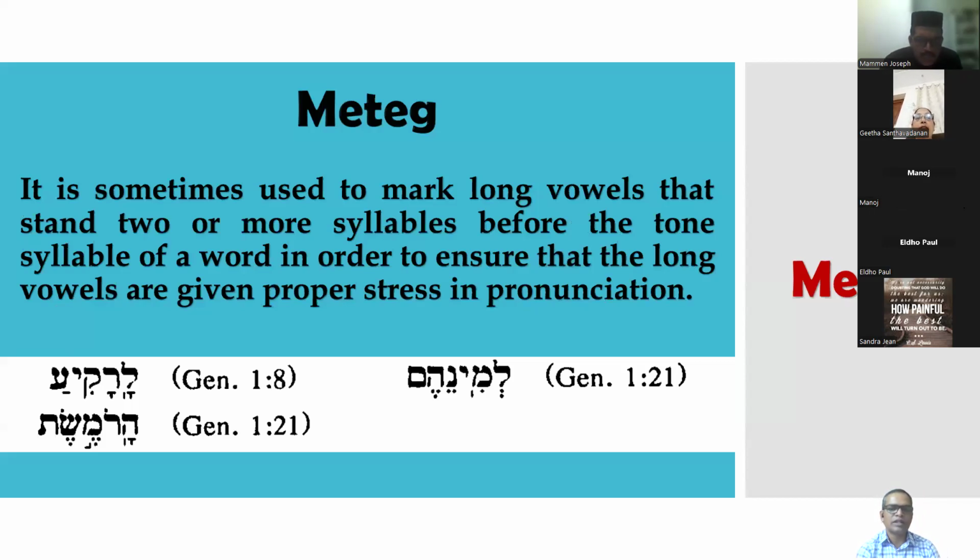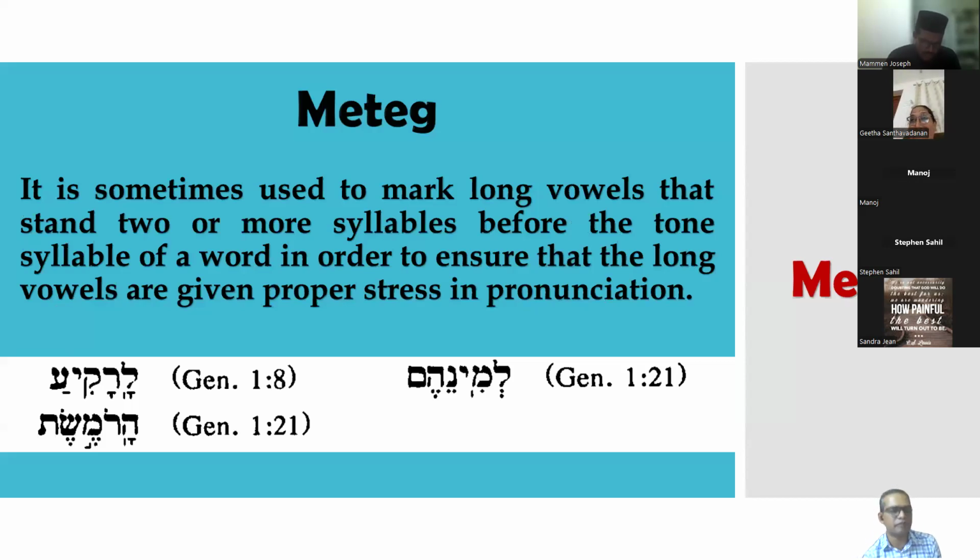Genesis 1:8. Underneath Ayin, that is Pata. Super. Patach furtive.